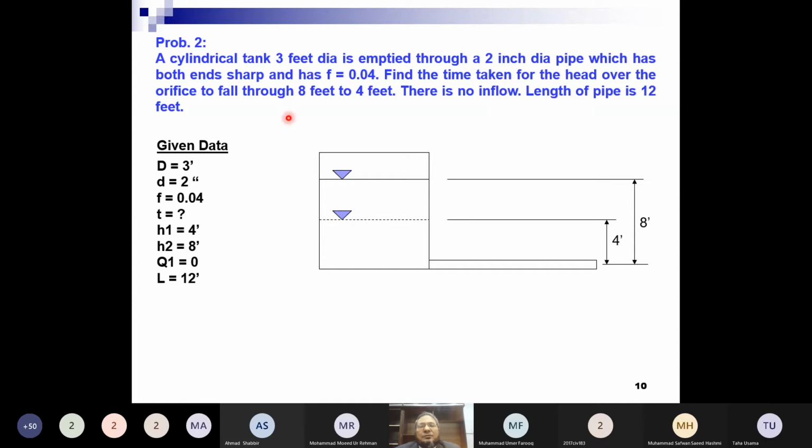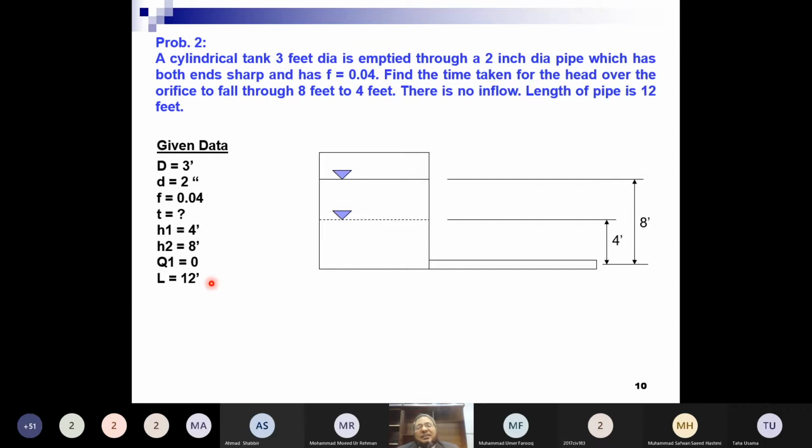There is no inflow, so Q1 is 0. Length of the pipe is 12 feet. So from here to here, this is the length of pipe and it is 12 feet, which we have mentioned here. So how can we solve this problem? In the same way, the basic equation will remain the same. The emptying time is the integral H1, H2 limits, area times dH divided by Q1 minus Q2.